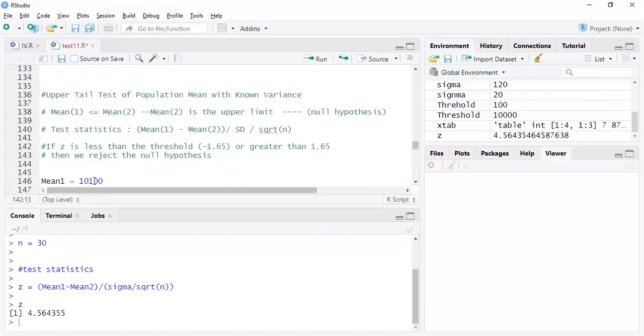You don't really care which one is greater than the other. You don't really care whether mean one is greater or mean two is greater. You only care about whether they're equal or not. In that case, a two-sided test is enough.